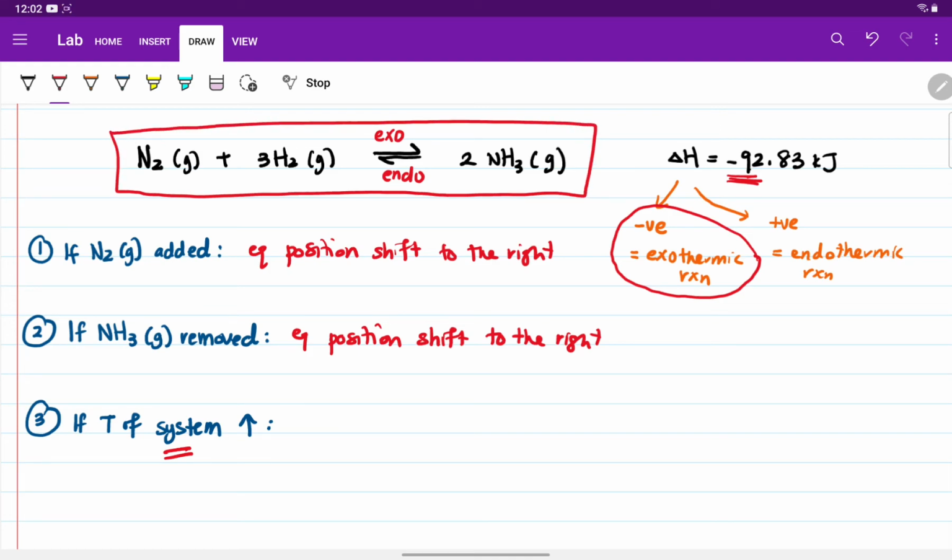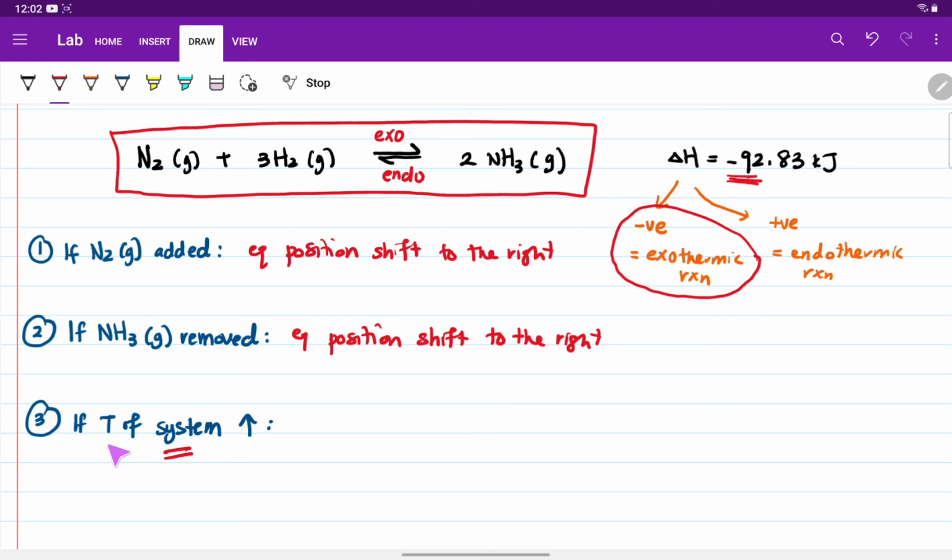Okay, maksudnya kalau saya panaskan dia, saya tambah heat, siapa yang akan panas? Semua. N2, H2 dan NH3. Kalau saya sejukkan dia, siapa yang akan jadi sejuk? Semua. N2, H2 and NH3. Why? Is in the same system. Dalam satu bekas yang sama.